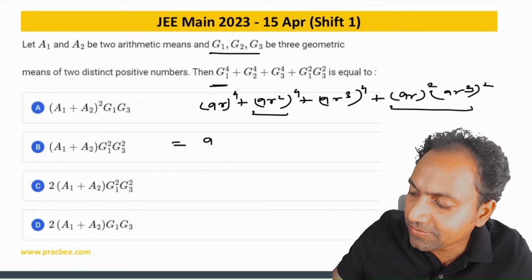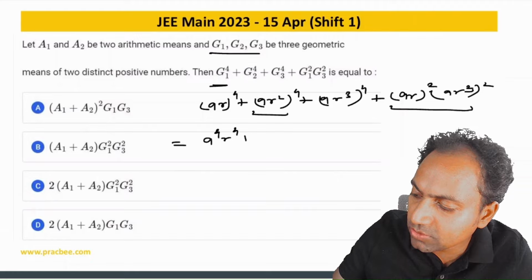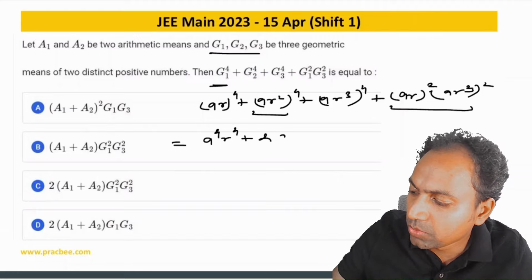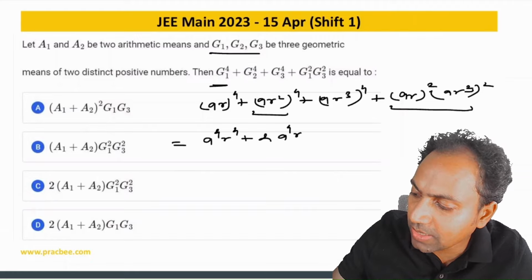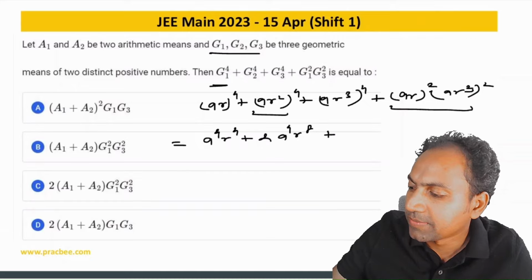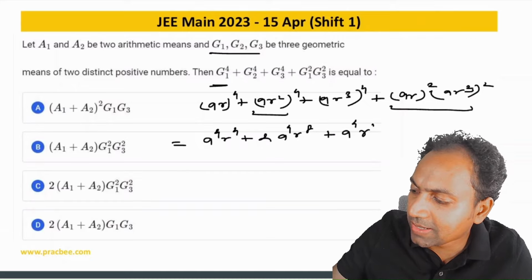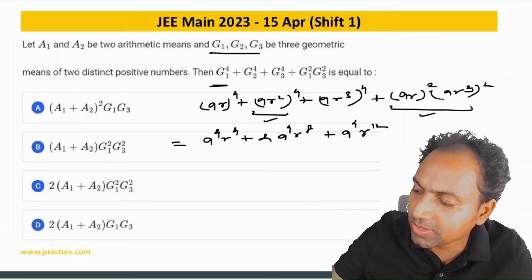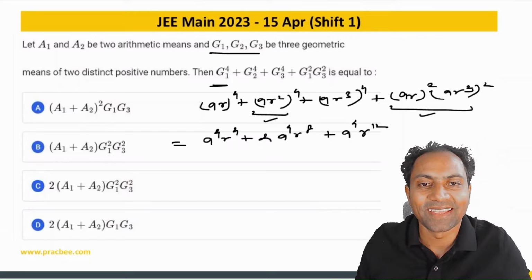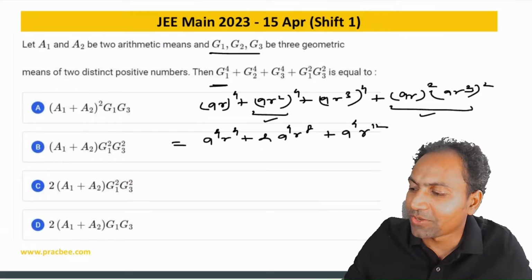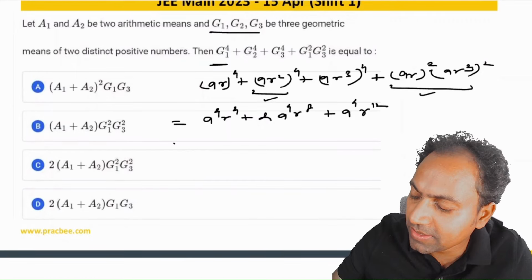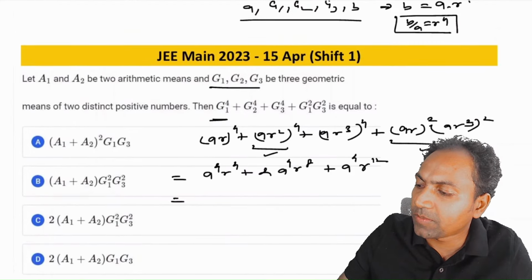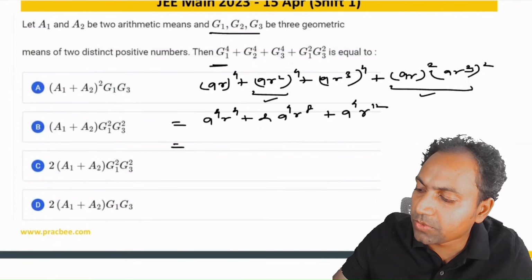So now we have A raised to the power 4, R raised to the power 4. 2 times A raised to the power 4, R raised to the power 8. And A raised to the power 4, R raised to the power 12. This came because these two are equal. You can calculate and check. So once you have done that, what you can observe is, from here, we can put the value of R raised to the power 4 from above.